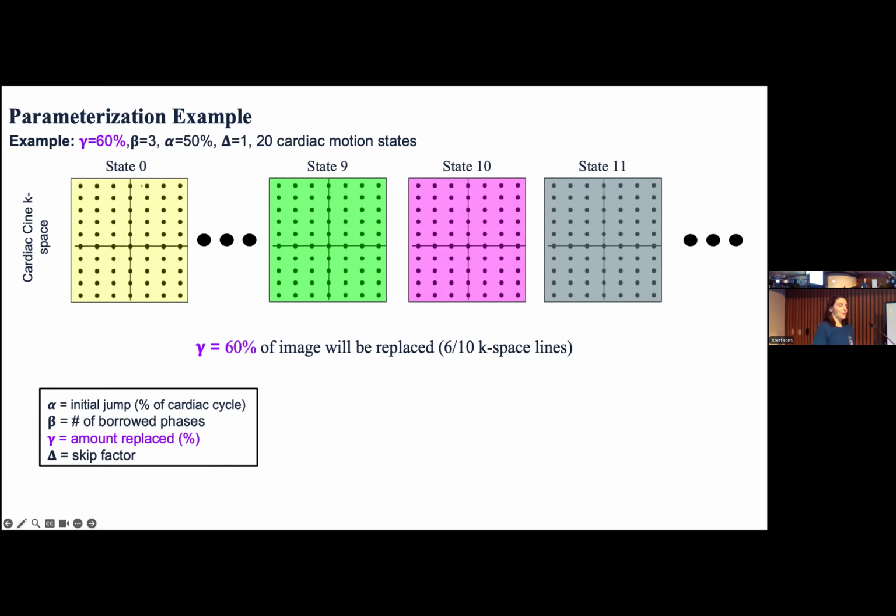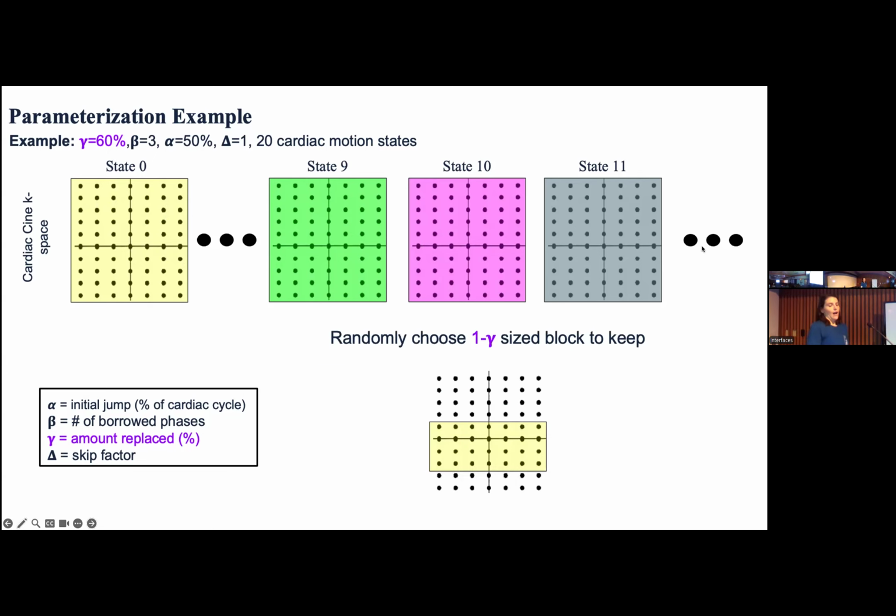If I want to corrupt the very first state, I'm going to have to take maybe 60% of that image, get rid of it, and take stuff from other states and put it in its place. That's the first parameter: how much do I take from my original image and replace with the other images.